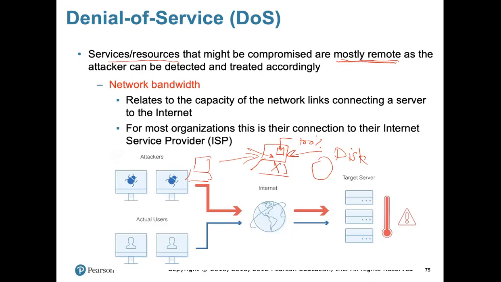Okay, let's talk about the resources that we said might be compromised with a DOS attack. The first thing is network bandwidth, which is basically the most important one. Here, this figure shows, let's say you are the actual user, we are the legit users, and there are some servers over the internet, let's say, for example, Google or Yahoo, whatever, and we are being connected to them through some links, through some connections.